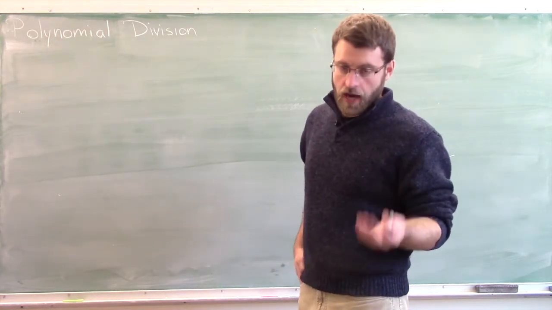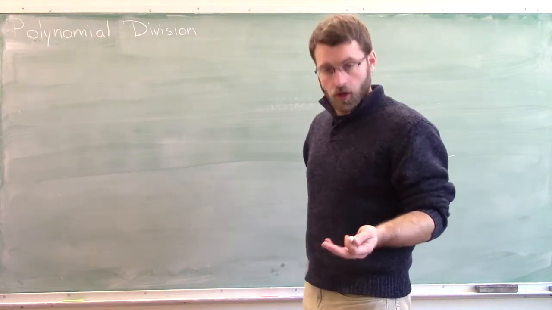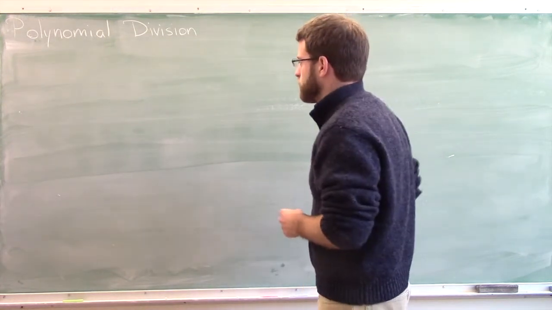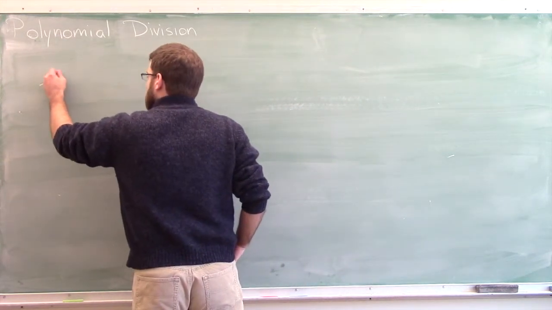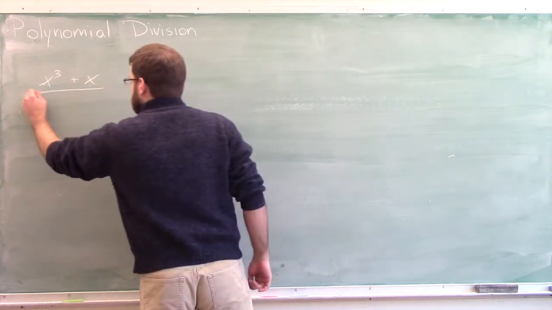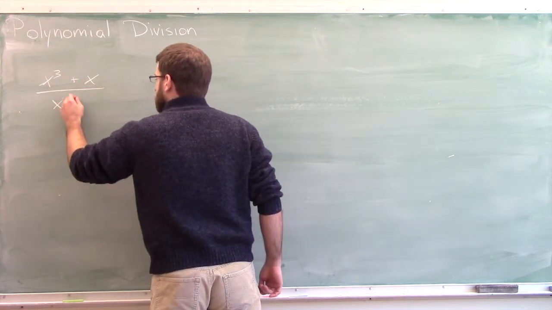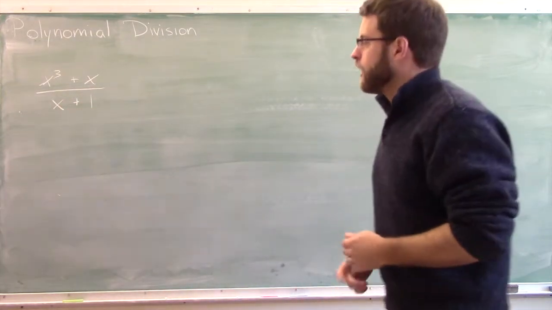I'll first write out a rational expression, and then I'll show you how to write it and work through polynomial division using this rational expression. So let's do something like x cubed plus x divided by x plus 1. Okay?